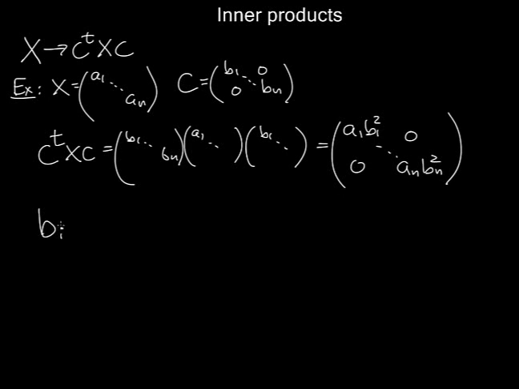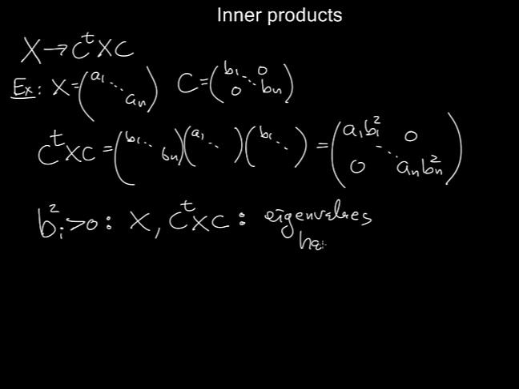So you're definitely changing the eigenvalues, but by a positive number. This is the crucial point. This operation doesn't preserve the eigenvalues, but it does keep their signs. So that says, in other words, that X and C transpose X times C, the eigenvalues, which are real, of course, all have the same signs.